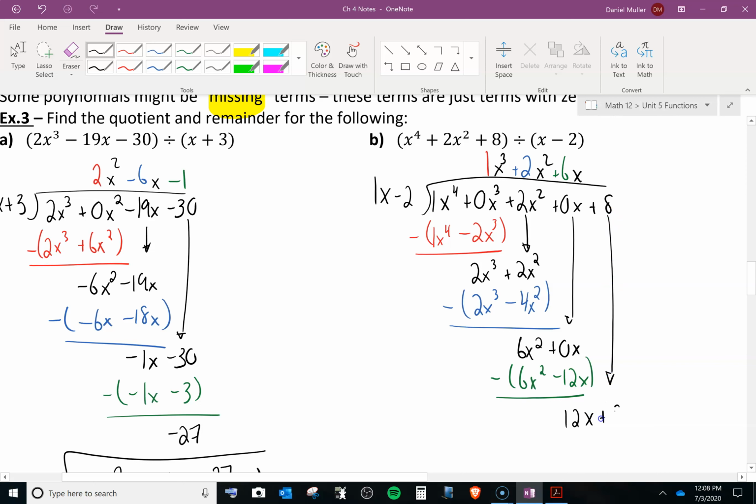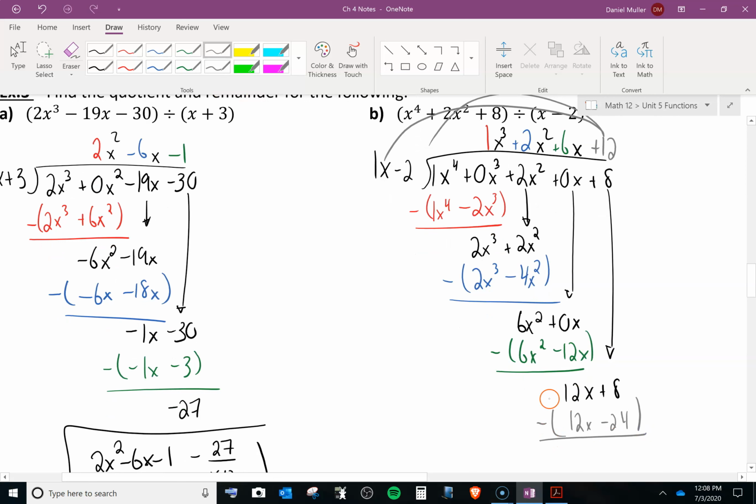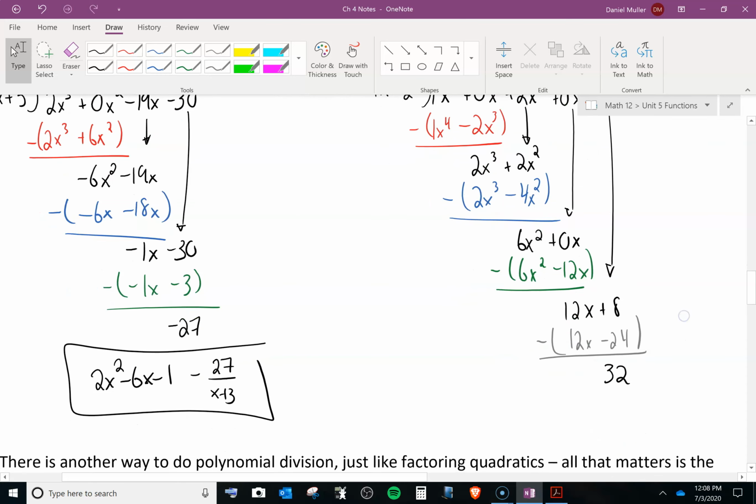Carry down the 8. So I'm going to make this a plus 12, because 12 times 1x would be a 12x. 12 times negative 2 is a negative 24. I can subtract them. 12 minus 12 is 0, and then 8 minus 24 is 32.